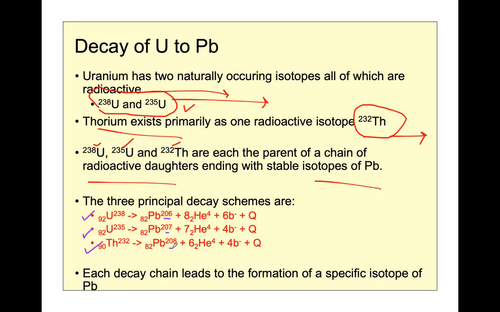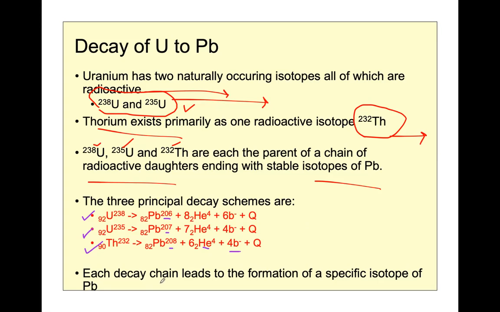In all three cases, what you get is helium released, helium 4. Helium 4 is released, and some beta particles remain, and some energy is dispersed, right?